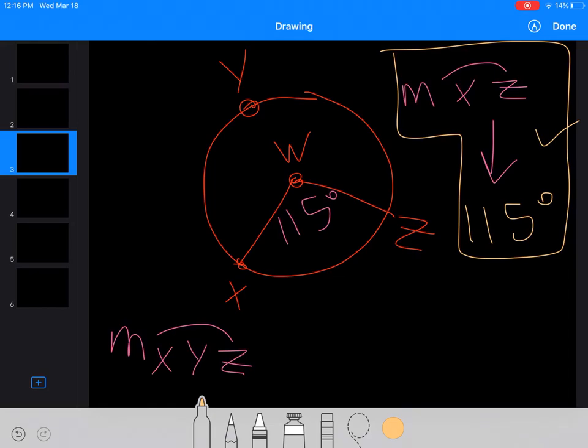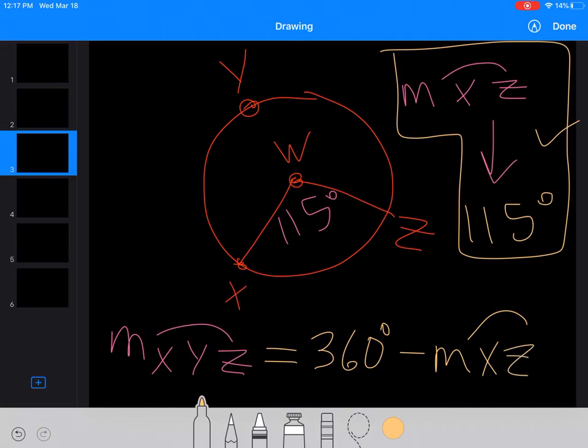Now, the next part, we know the major arc, which is going to be greater than 180 degrees, is equal to 360 degrees minus our minor arc. In this case, our minor arc is XZ.